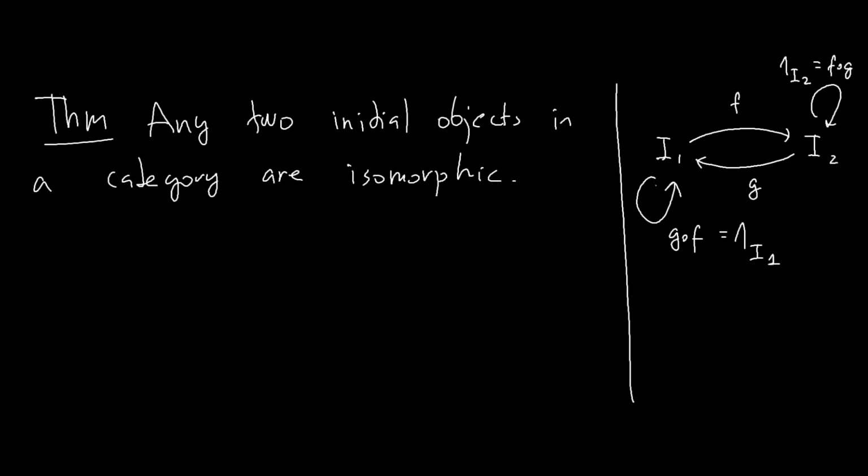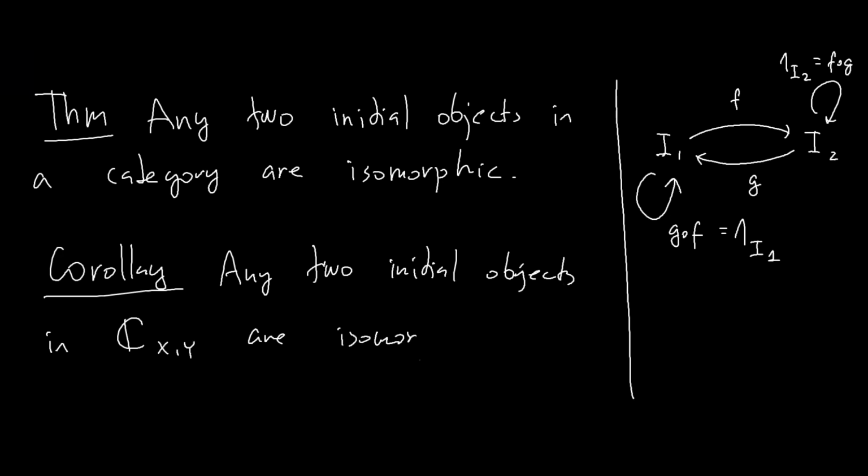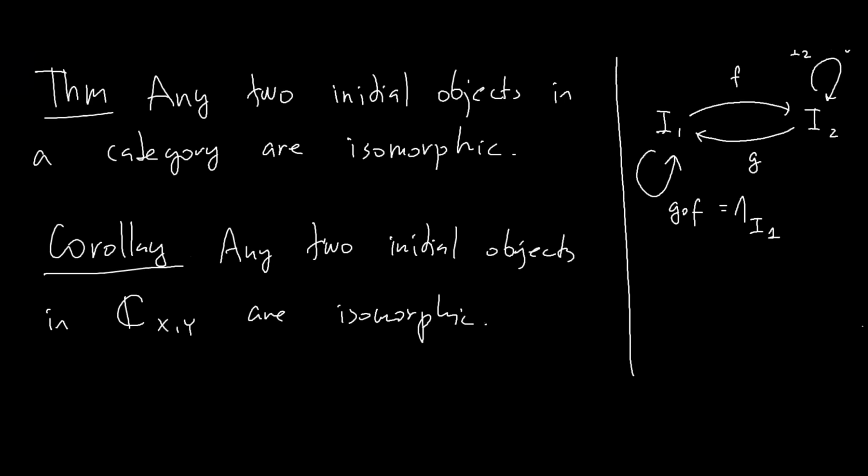Now, this very simple fact can be applied to this complicated category we constructed. So the corollary of this theorem is that any two initial objects in this kind of category are isomorphic. But what are initial objects in this more complicated category? Well, they are sums inside the original ones, right?